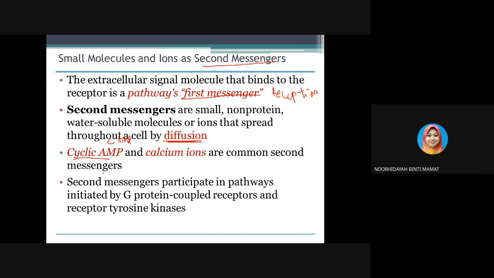The second messengers participate in pathways initiated by the G protein-coupled receptor and the receptor tyrosine kinase. Okay, they are actually initiated by these two membrane receptors, right? The G protein-coupled receptor and also the tyrosine kinase.